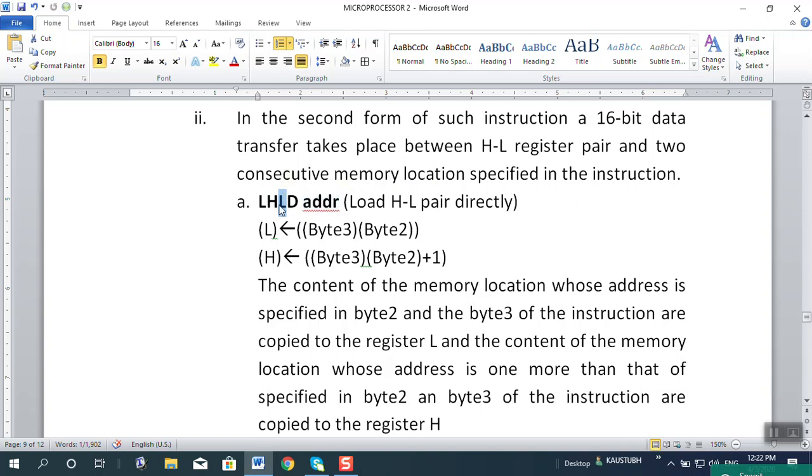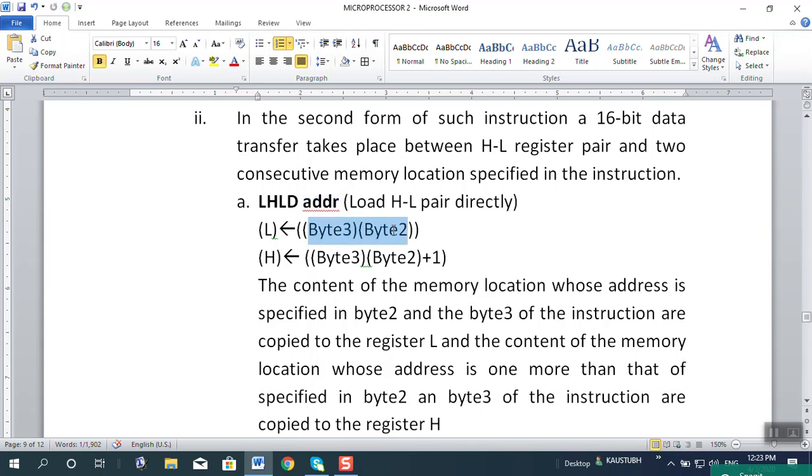And how will H be filled? H will be filled from the memory location whose address is one more than this. You have to store your data in consecutive memory locations, not here and there.